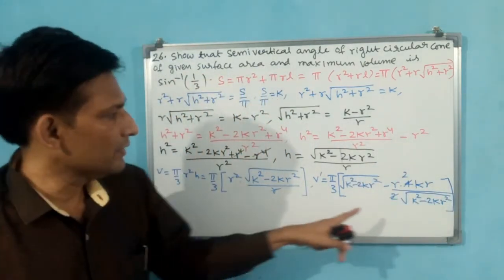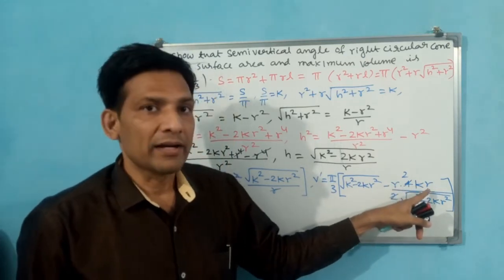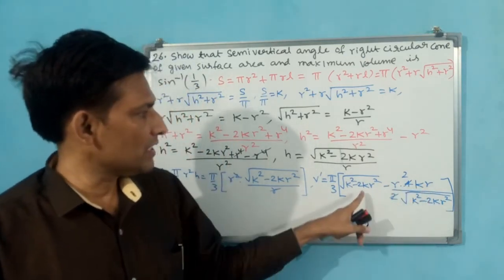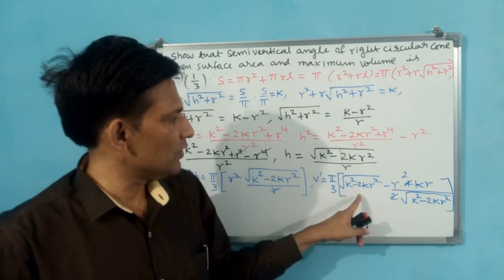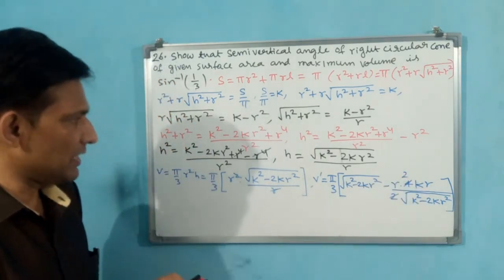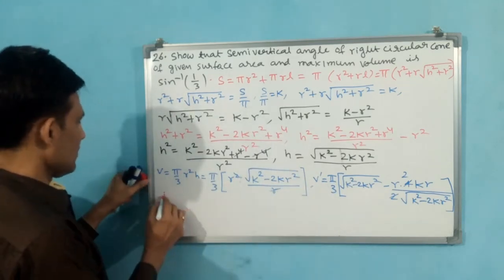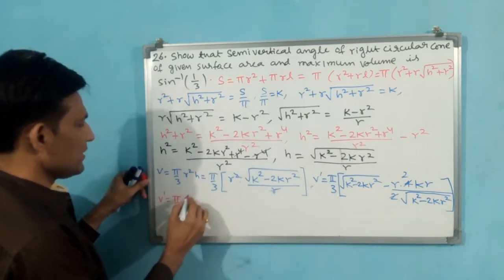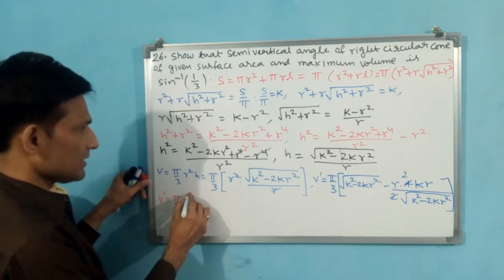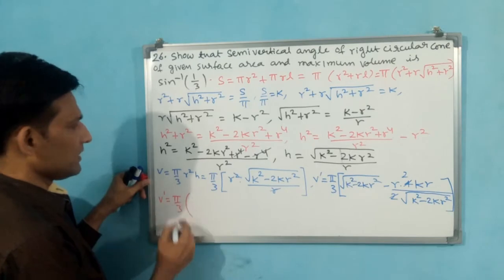Here 2k r square is there, here also 2k r square is there. If you cancel out, why? Because square cancels out. If you do cross multiplication, pi by 3 will be like this. V dash is equal to pi by 3, you keep like this only, parenthesis I will keep.